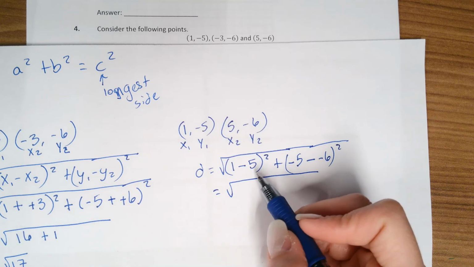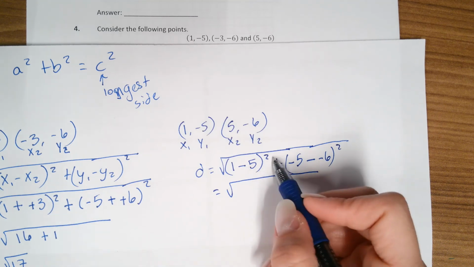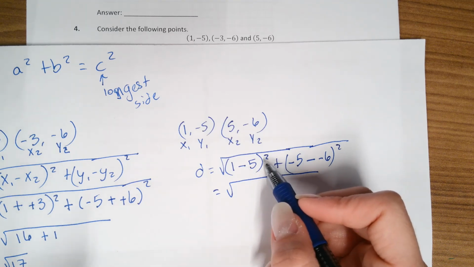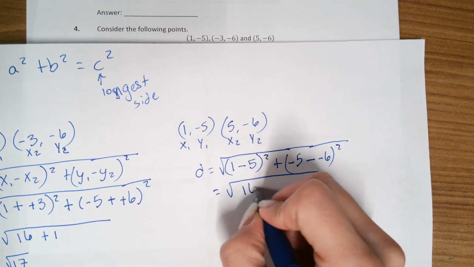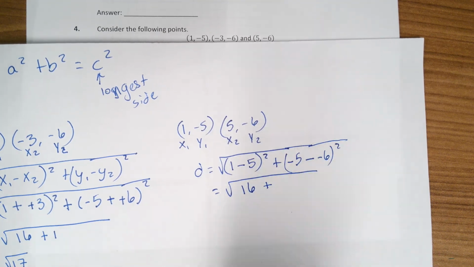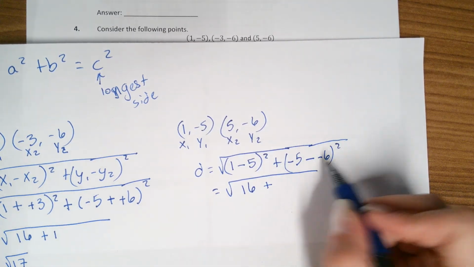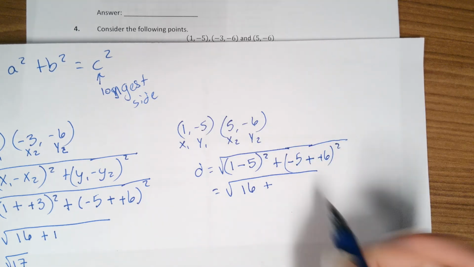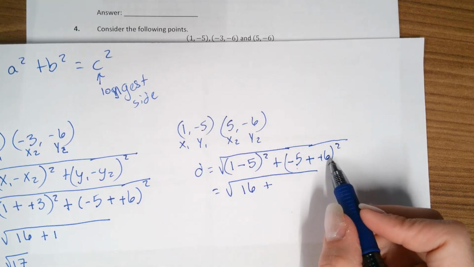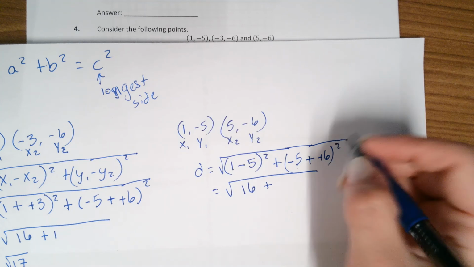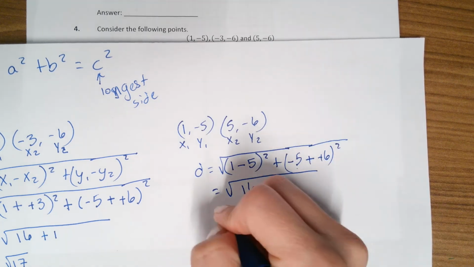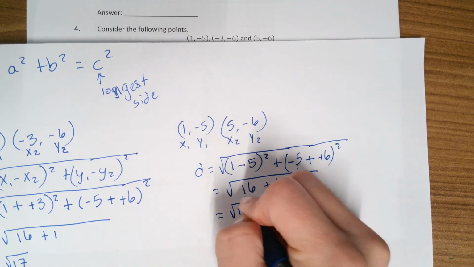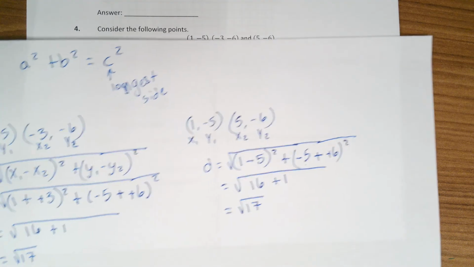1 minus 5 is -4, and -4 squared, that's -4 times -4, which gives me a +16, plus a negative and a negative make a positive. -5 plus 6 is +1, and 1 squared gives me 1. Ooh, so again, we have a distance of the square root of 17.